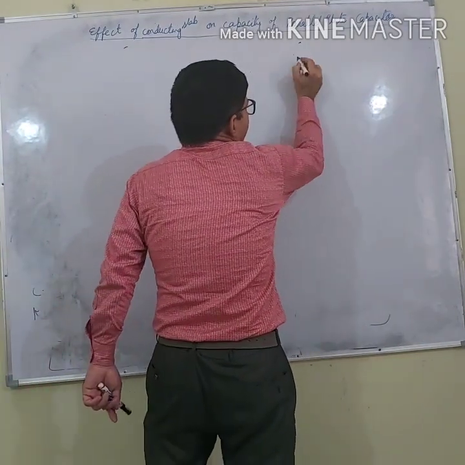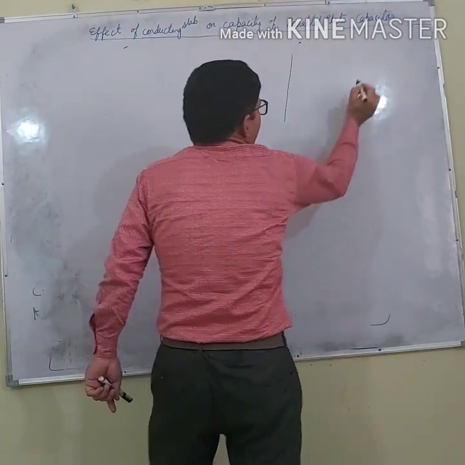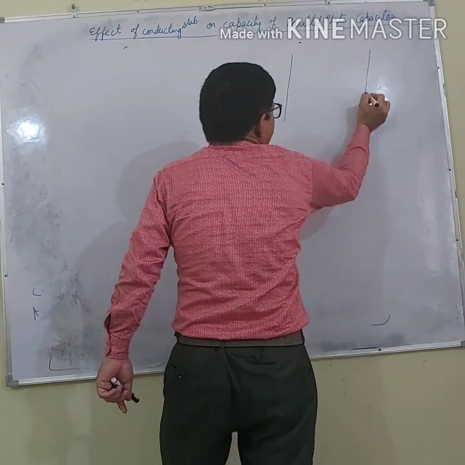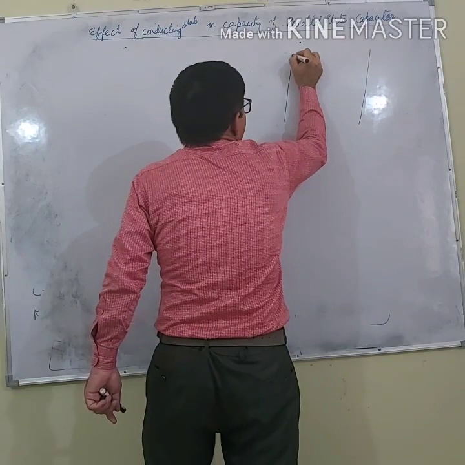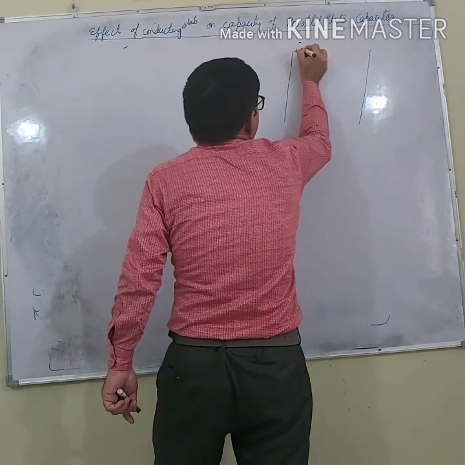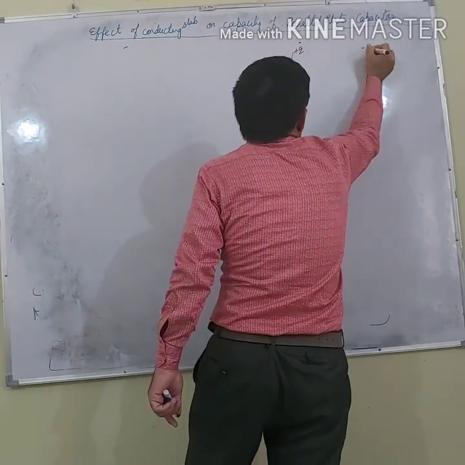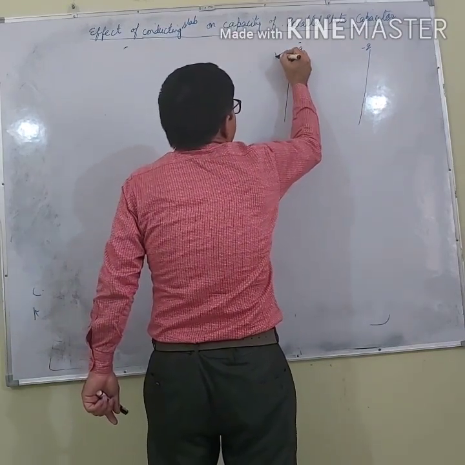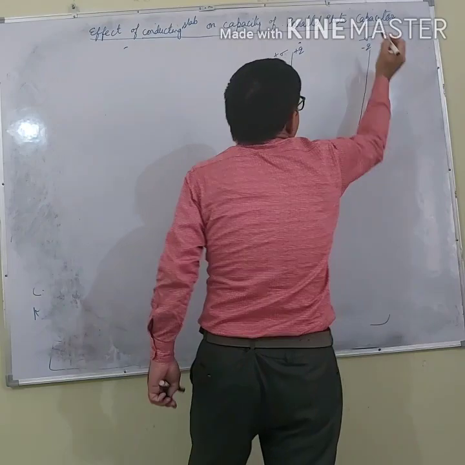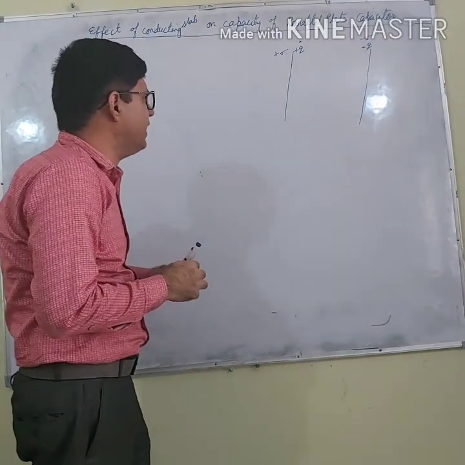Let us say again we have a parallel plate capacitor. On the inner sides there is plus Q charge and here minus Q charge, here plus sigma and here minus sigma is the surface charge density.